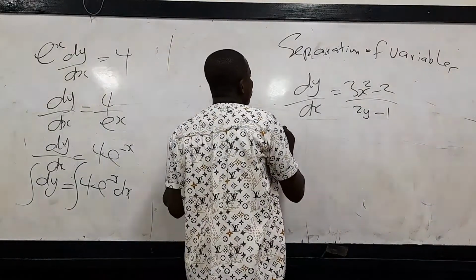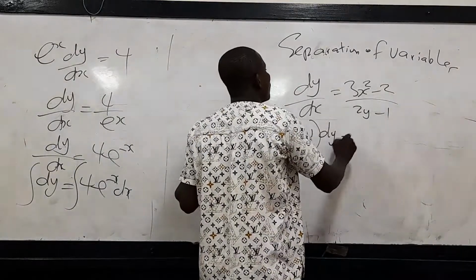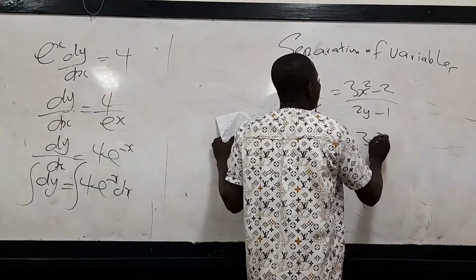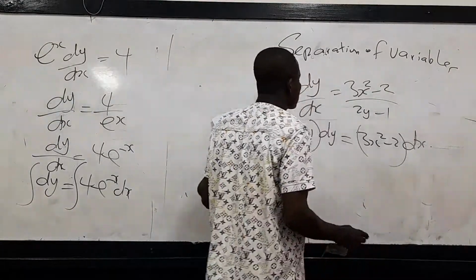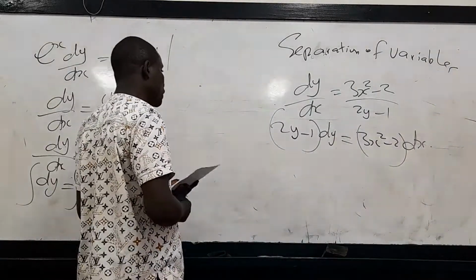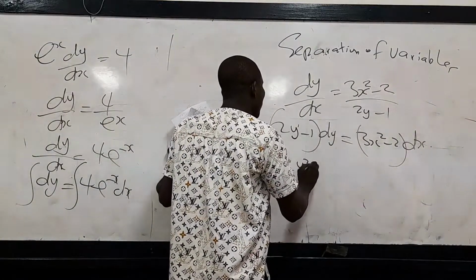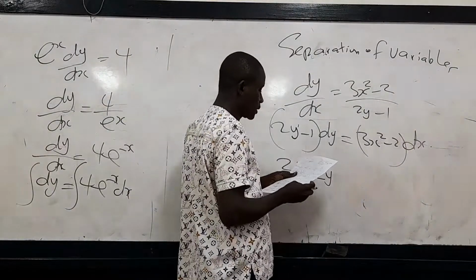So I'm going to have (2y minus 1) dy is equal to (3x squared minus 2) dx. So now, how do you integrate this? You remember how we integrate this? Here becomes 2y squared over 2 minus y. Okay?